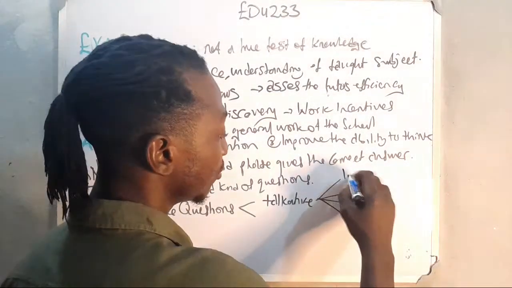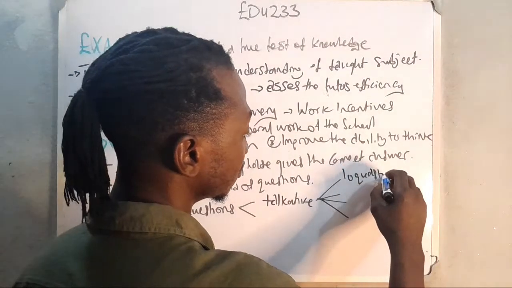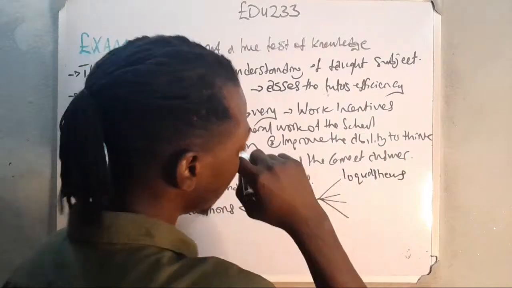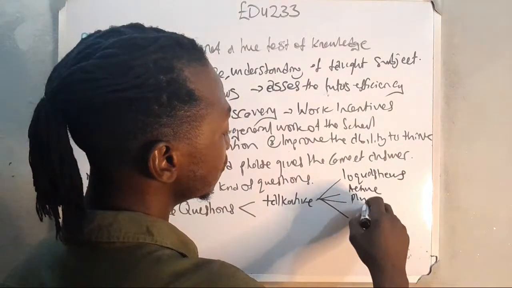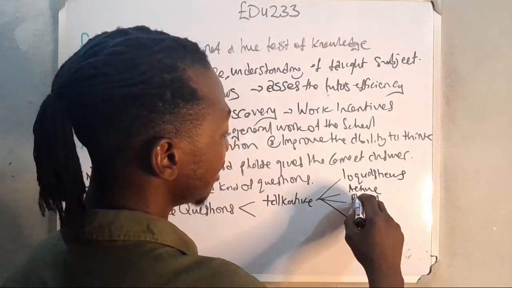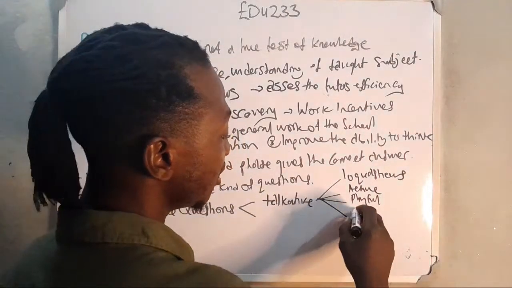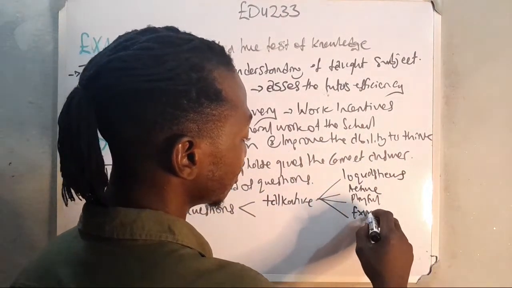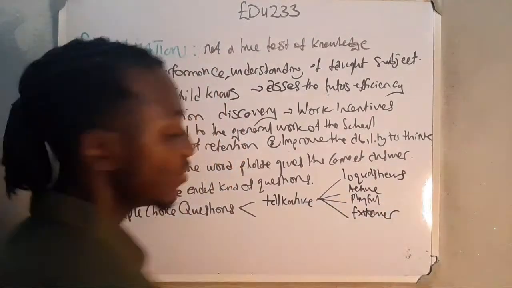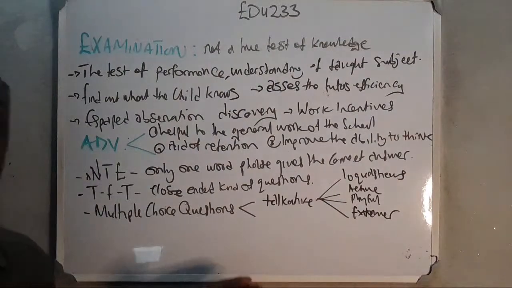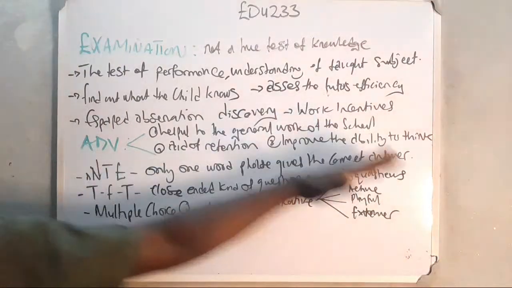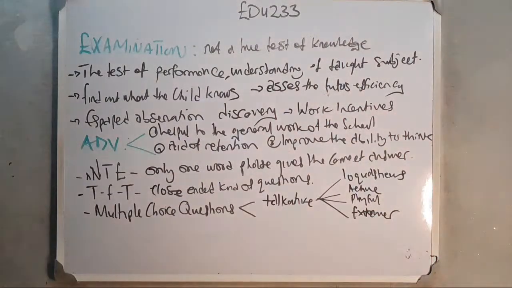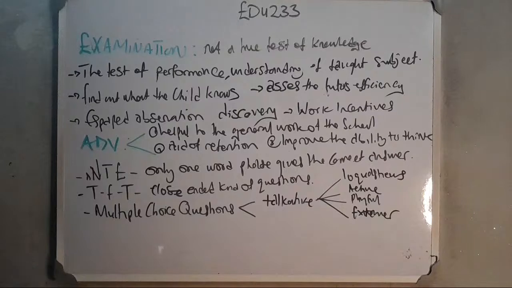We have loquacious, we have active, we have playful, we have extrovert. This is an example of a multiple choice question. The answer here is loquacious, talkative. So you are given multiple options to pick the particular answer. This is what a multiple choice question is like.